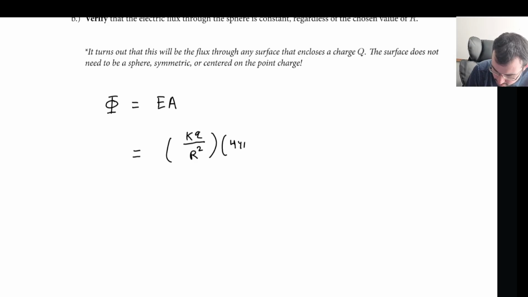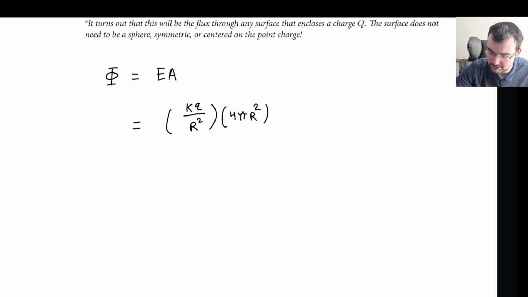The area of a sphere is 4 times pi times the radius of the sphere squared. So now we see what we talked through: yes, it's true that the area increases quadratically, but the field shrinks inverse quadratically. So if I work that out, the r's cancel, and I get 4 pi times k times q.